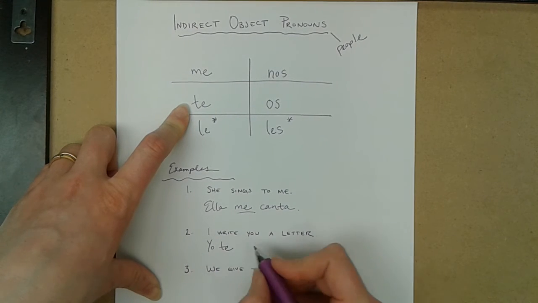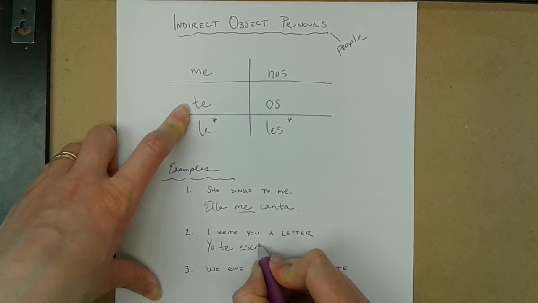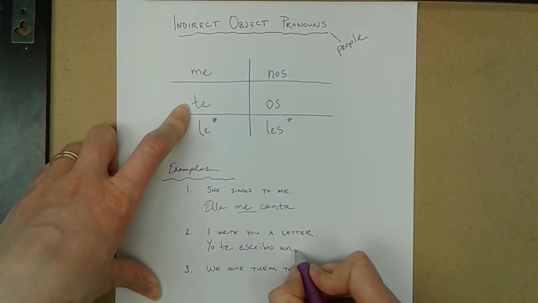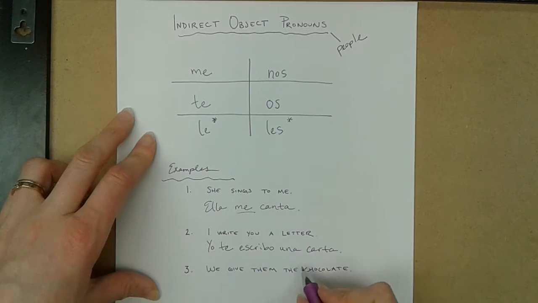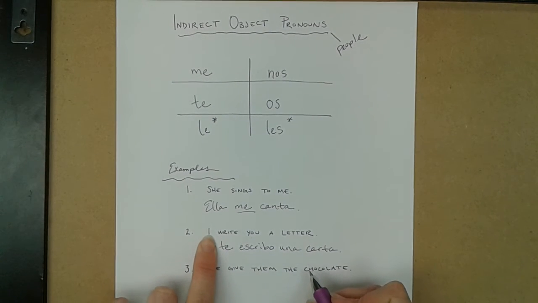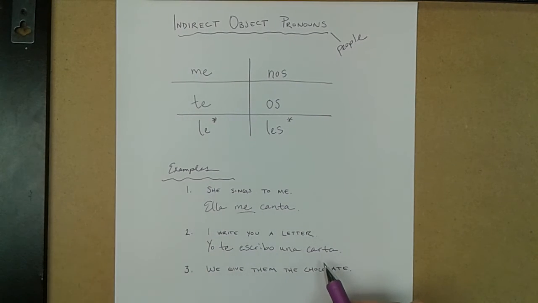And then write, I write, yo te escribo. And then a letter, una carta. Yo te escribo una carta. Here, you could leave out the yo if you wanted to, because escribo is just going to be for me doing the action. So, te escribo una carta means the same thing.